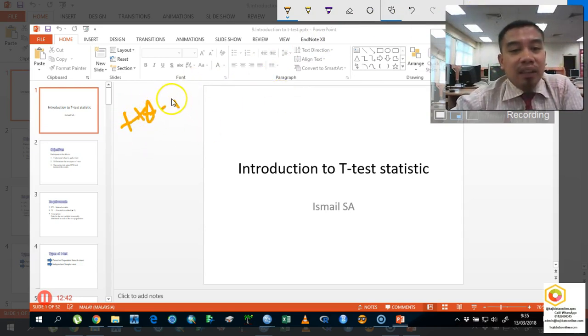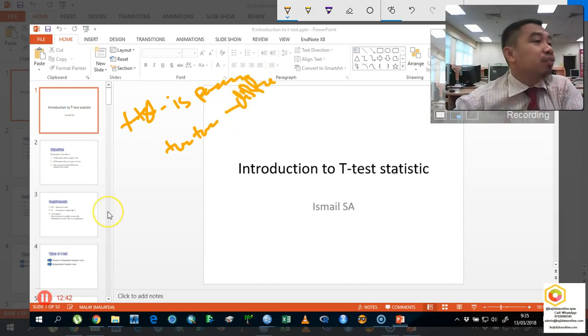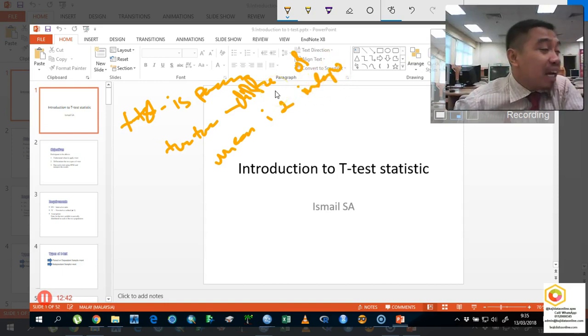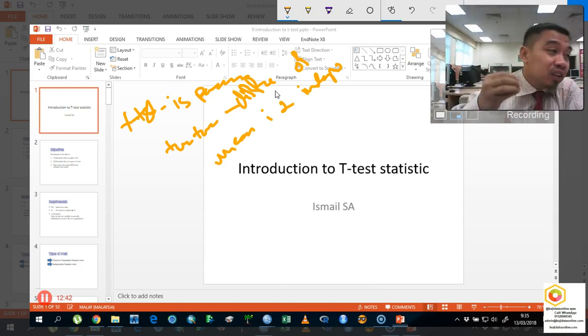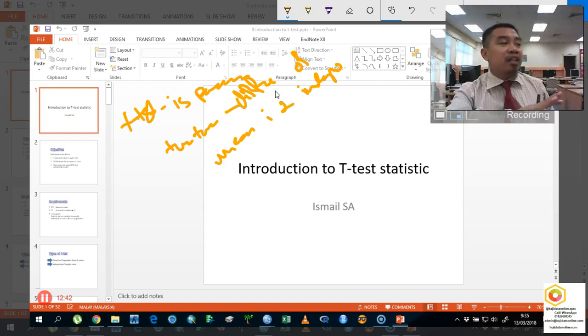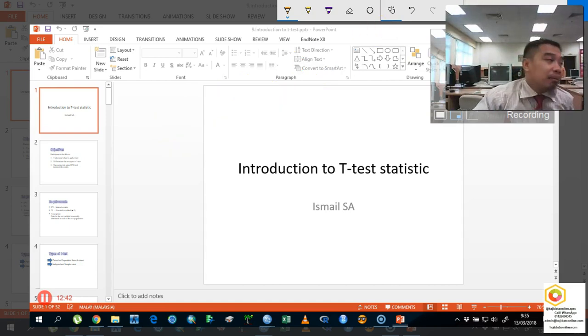The T-test is a parametric analysis that measures differences of means between two independent populations or two independent groups. You can only use the T-test to compare two groups. No more than two groups, not less than two groups. Only two. That one we call the independent sample T-test.